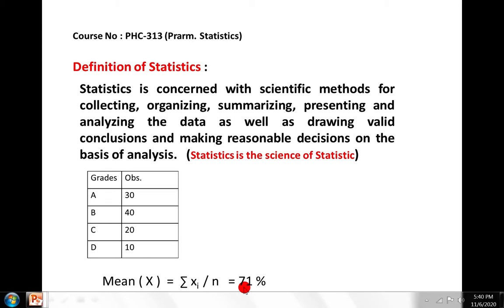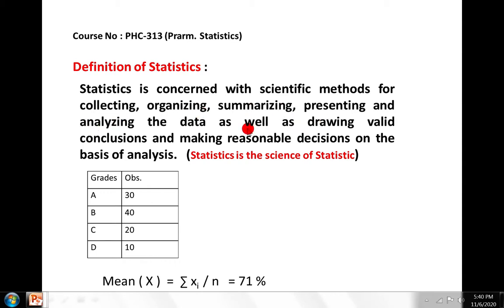And the conclusion is an important step of the definition of statistics, because any person can collect the data, organize the data, summarize the data, and present the data in the form of a table or graph, but analysis of the data is the most important step of the statistician.